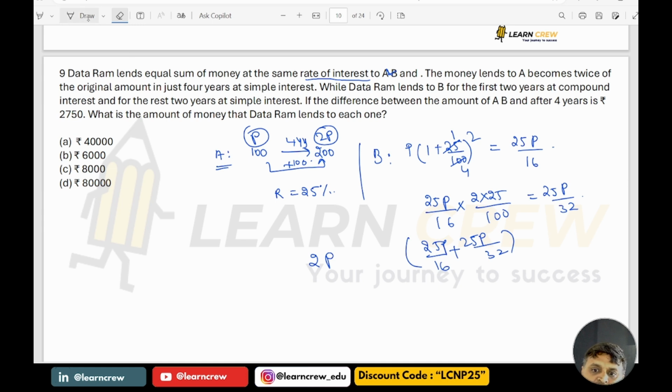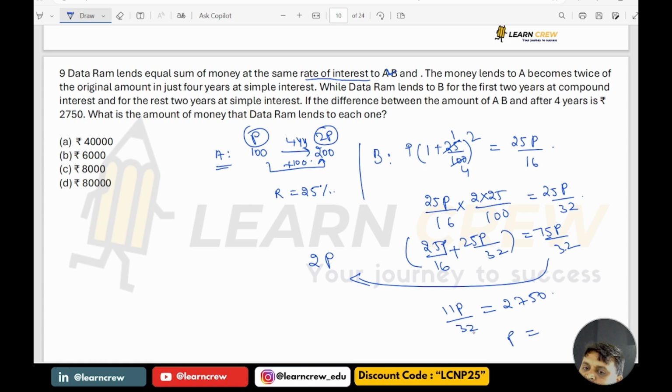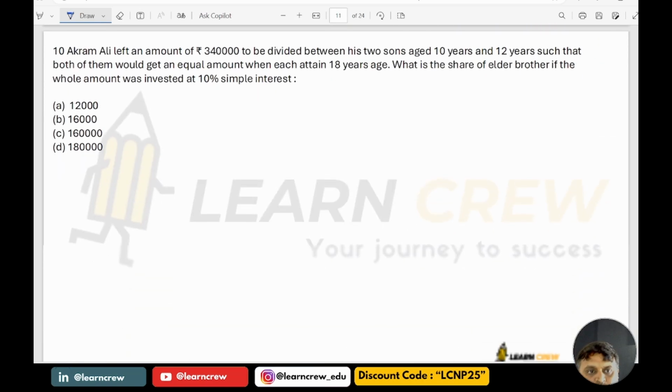This is 75P by 32. The difference between these two, 75 minus 64, 11P by 32 is given as 2750. Thereby P would be how much? 11 into 250, 32 into 250, 8,000. So the answer is 8,000.